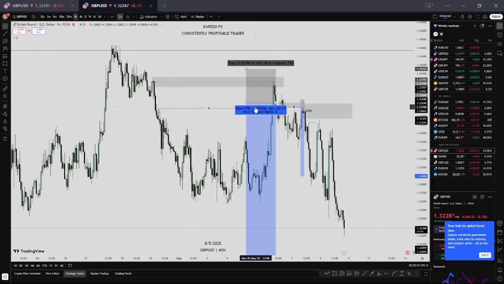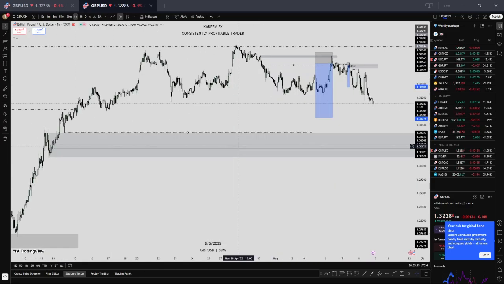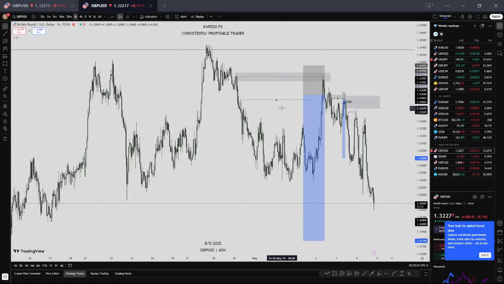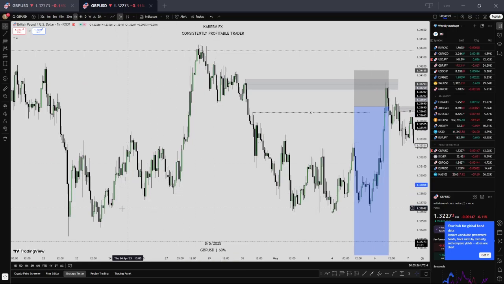As you can see here, my first entry was up here somewhere. Why? Because when price got here, there was an area of liquidity, so it became a reaction point for price to reverse back.